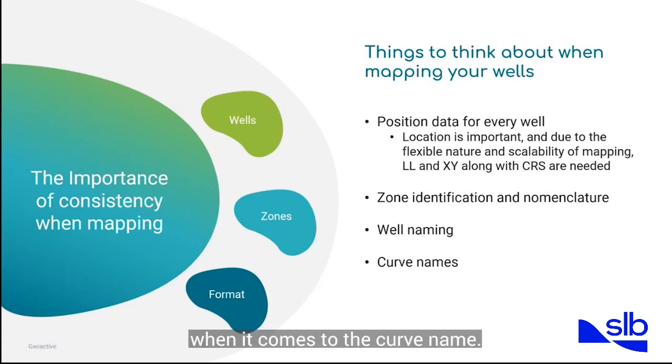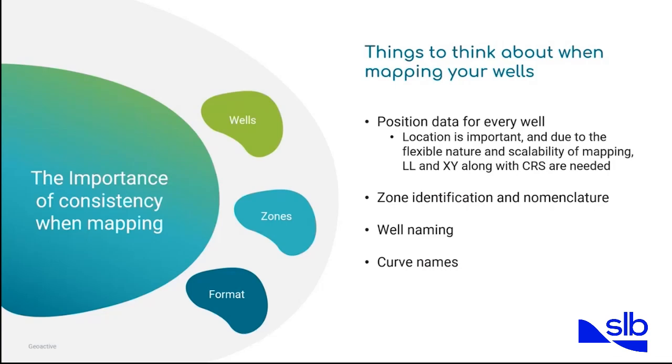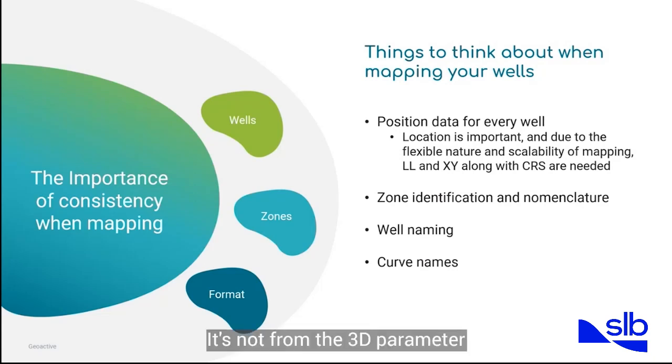When it comes to the curve name, when you're looking at the log statistics, the mapping is going to want to have the same curve name across all the wells. From the 3D parameter point of view, it's not going to be able to go from your phi E curve, your phi Z curve, your phi T curve, and your phi B curve.